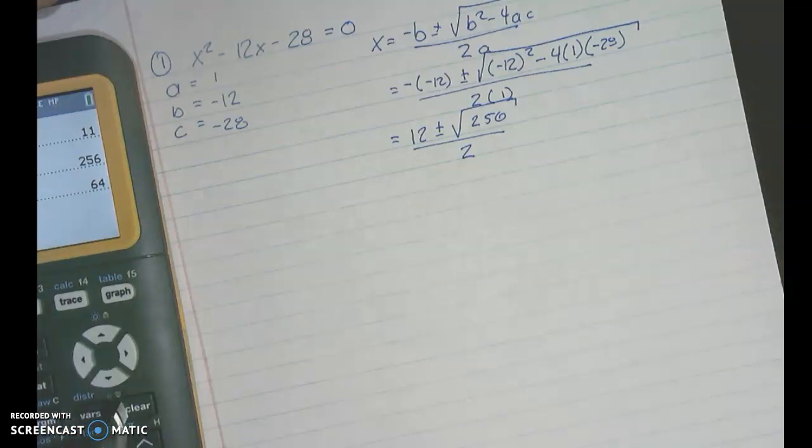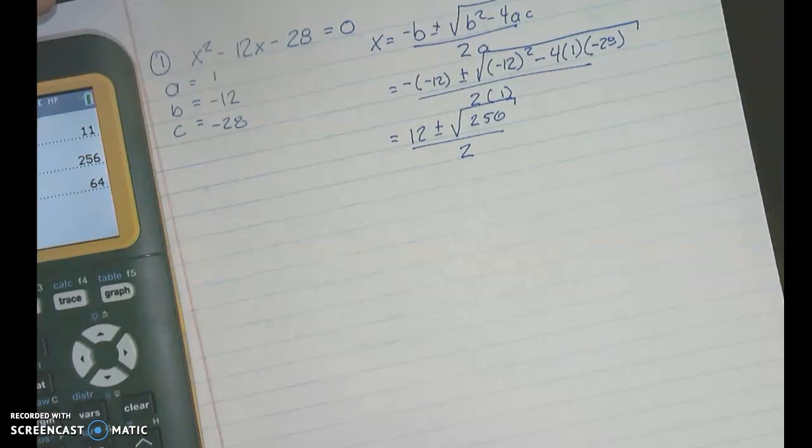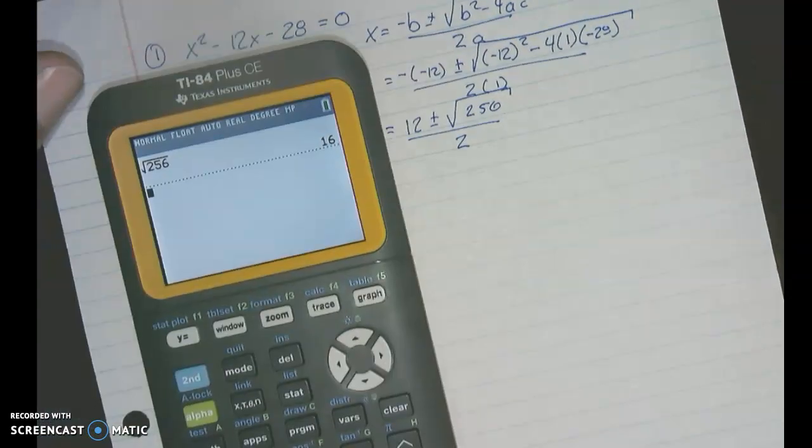I'm just going to type the square root of 256 in my calculator, and it gives me 16. So that one simplifies for us.